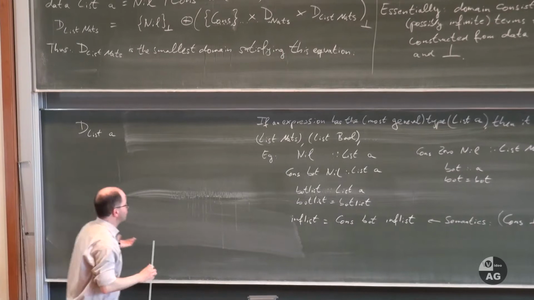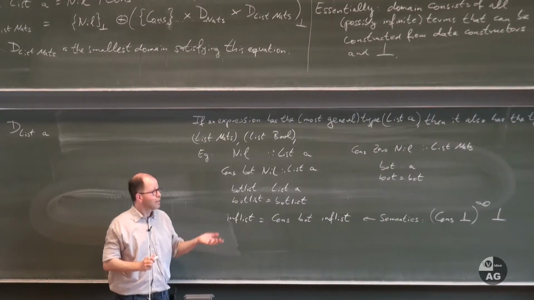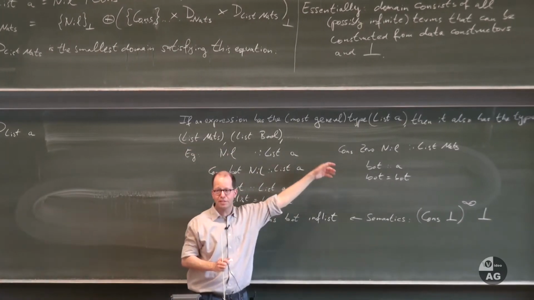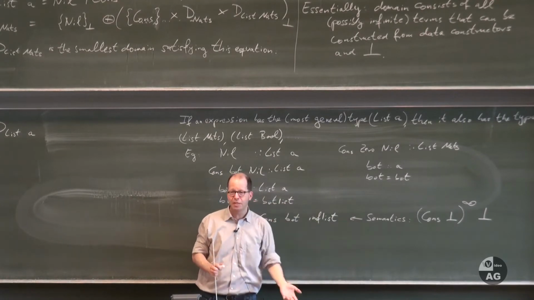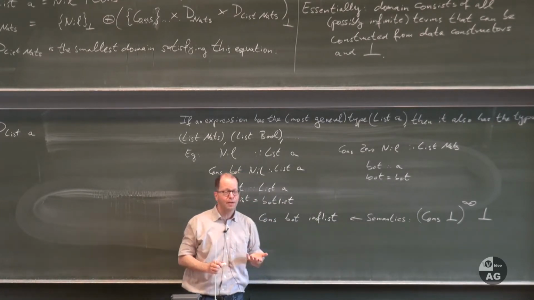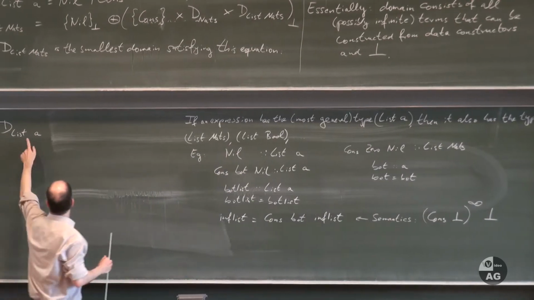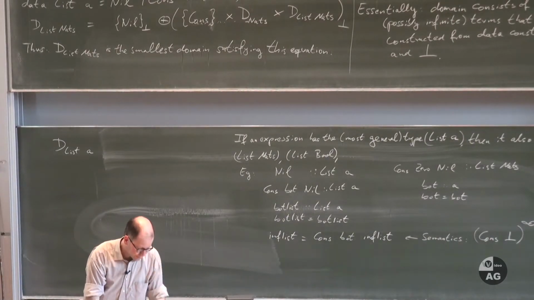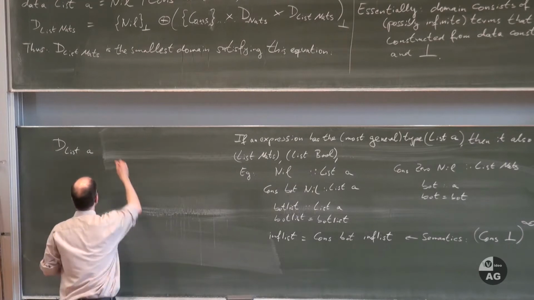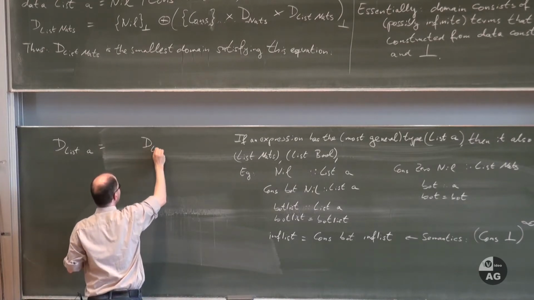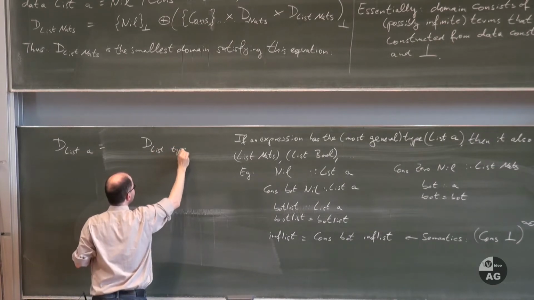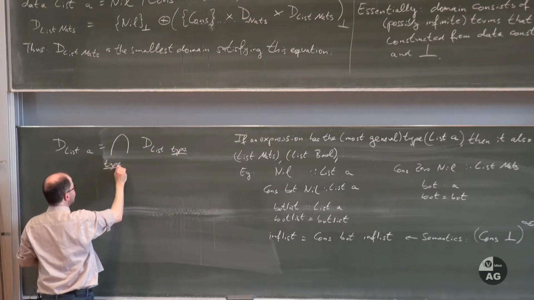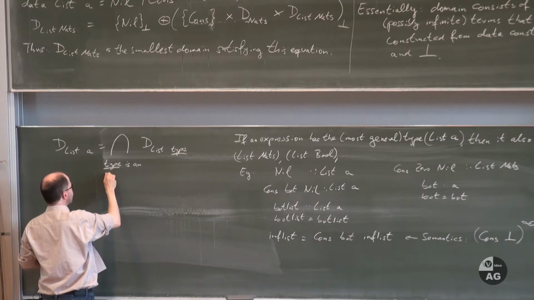And so how do we get it? Well, we simply take the domain for list nuts, and the domain of list bool, and the domain of list integer, and the domain of list anything, and we take the intersection. Only those things that are lists of any possible type can also be in the domain for list A. So we look at all the domains of the form list of some type, where type is an arbitrary type, and then we take the intersection.